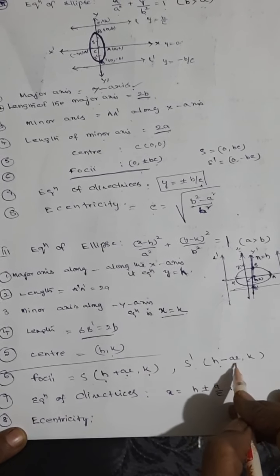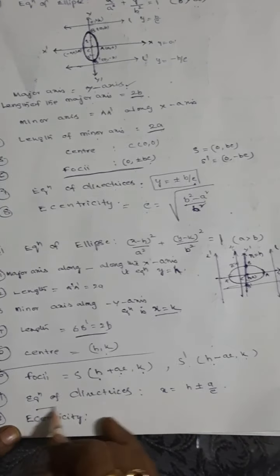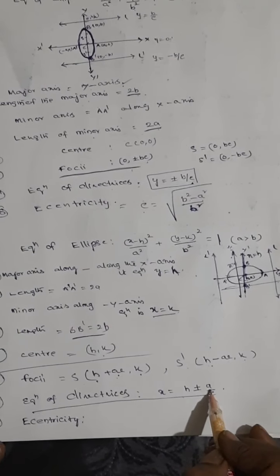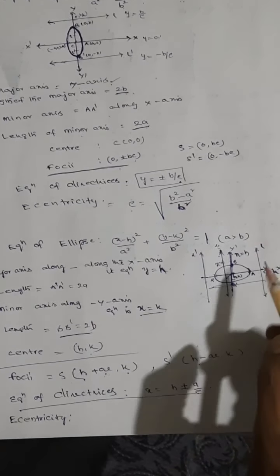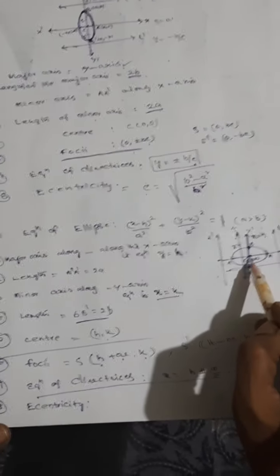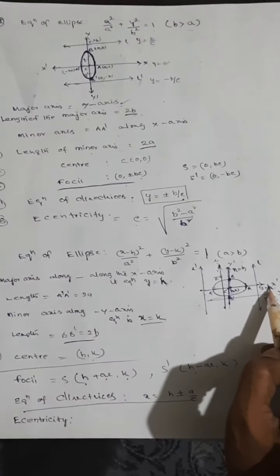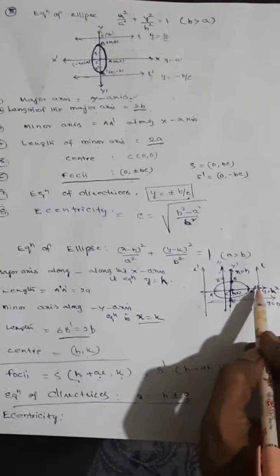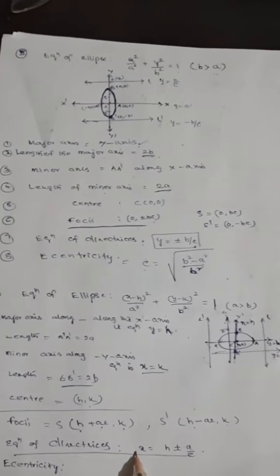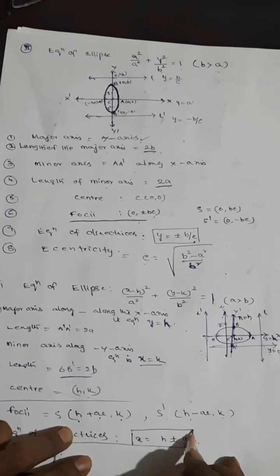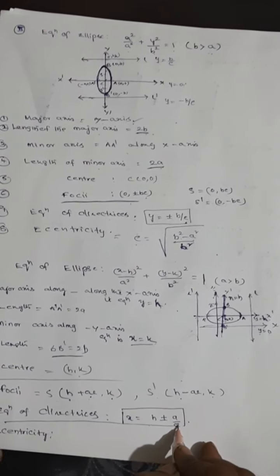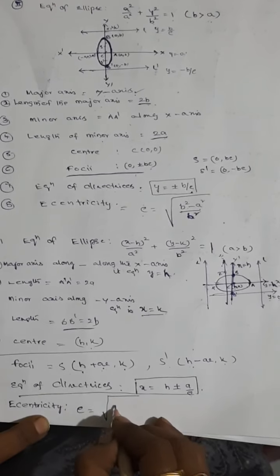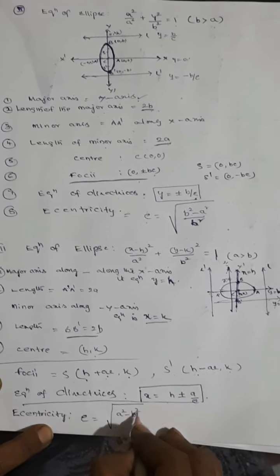Similarly, S dash is (h minus ae, k), and the equation of the directrix is x is equal to h plus or minus a by e. Here this directrix is at a distance of h plus a by e, and here h minus a by e. So, the equations of the directrix are x is equal to h plus or minus a by e, and its eccentricity e is equal to the square root of (a square minus b square) by a square.